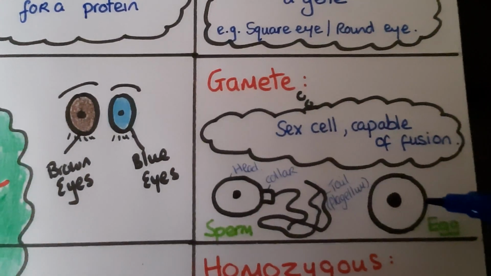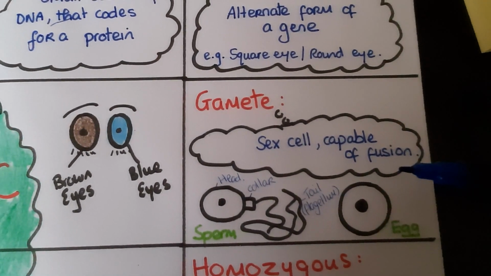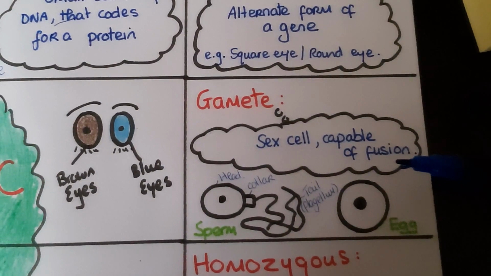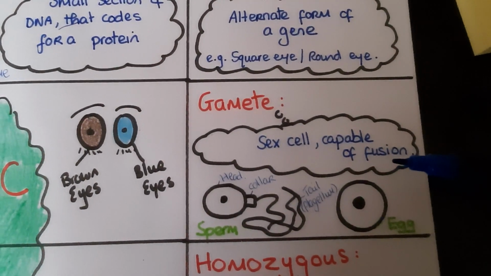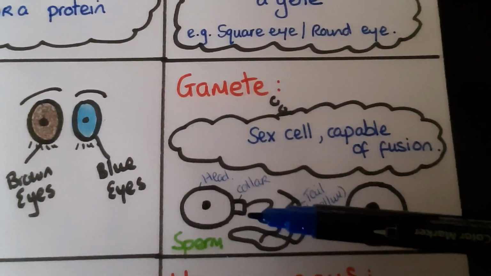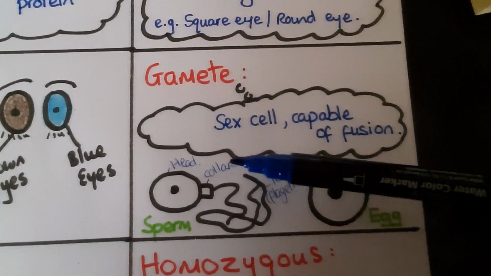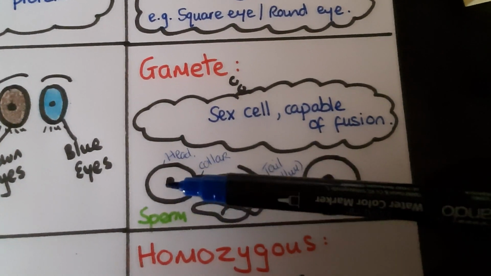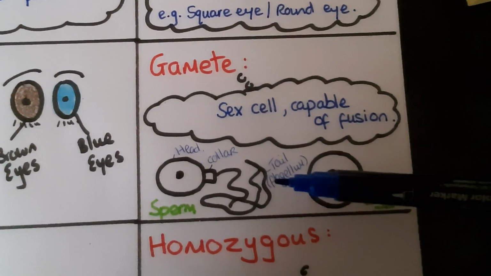I'm also mentioning here the idea of a gamete, that it's a sex cell and it's capable of fusion. So we'll be talking about fertilization a lot, that the sex cells are fusing, joining with each other. And I put in a quick reminder of our sperm cell that has three parts: a head, a collar full of mitochondria. The head has the nucleus with the 23 chromosomes for us in it, and then the tail helps it swim.